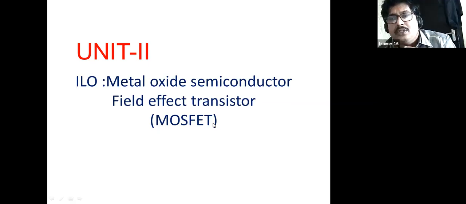This transistor is mainly used to control or regulate the current. Most transistors are like that only. We discussed the NPN transistor and the PNP transistor, that is the bipolar junction transistor.